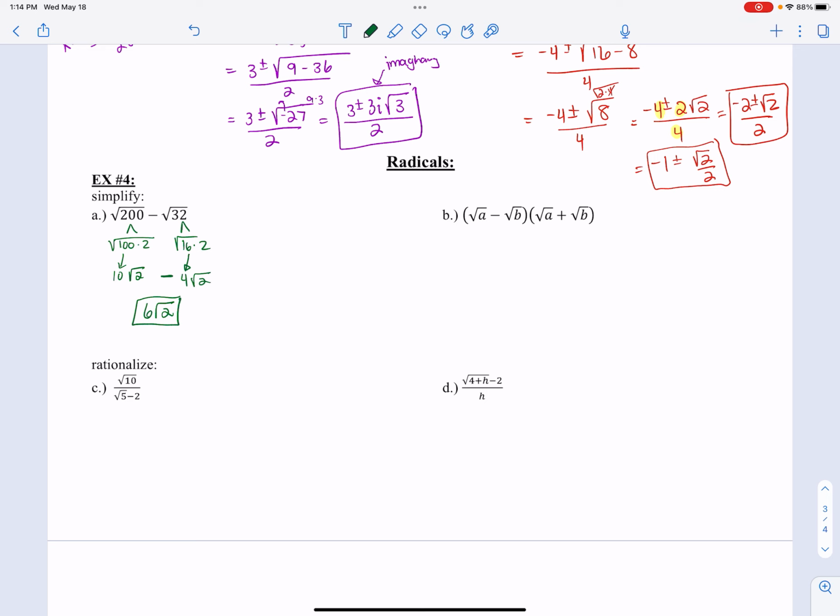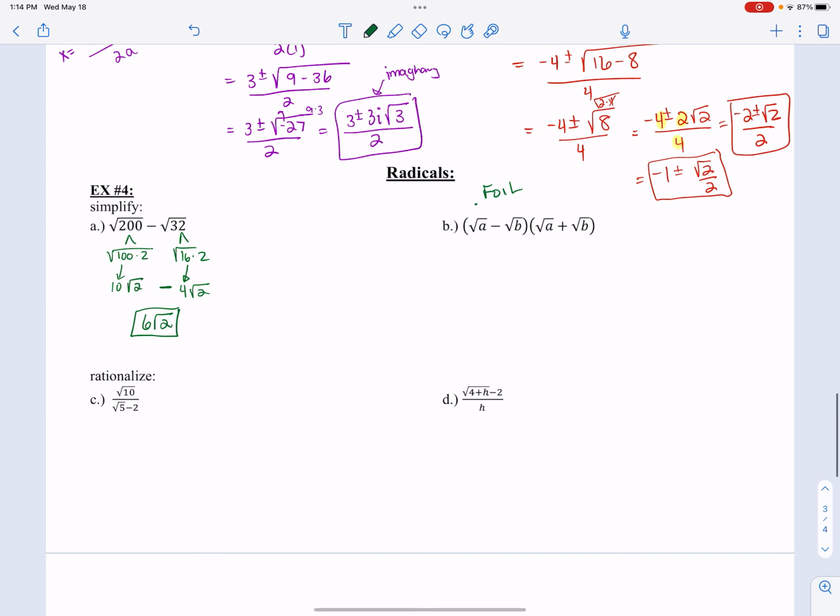All right, the second example here, we're multiplying. Actually, I've got two binomials. This is an example of FOIL, right? First, outer, inner, last, where I multiply first, the outer, the inner, and the last. That is how I'm going to multiply this out. But I do want you to notice these aren't any two random binomials, right?